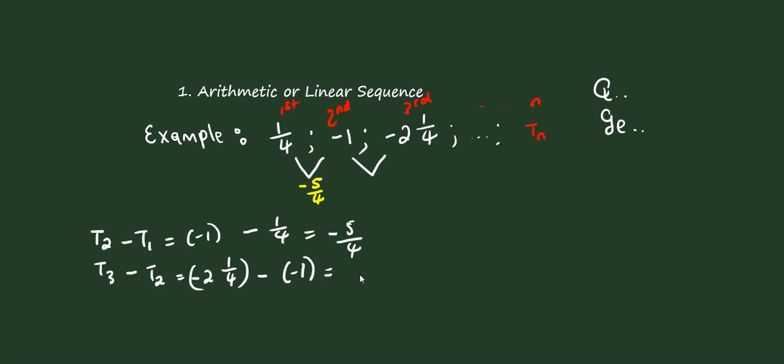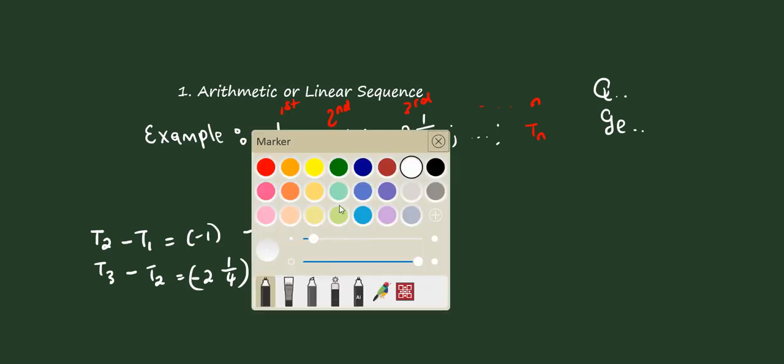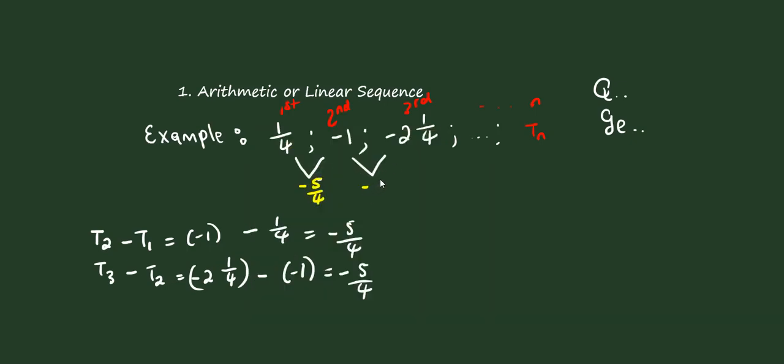So we say -2 1/4 minus -1, and we get -5/4, and that answer is the one that we write here, -5/4. So what do you realize about how we moved from this one to this one, and from this one to this one? It is the same way.